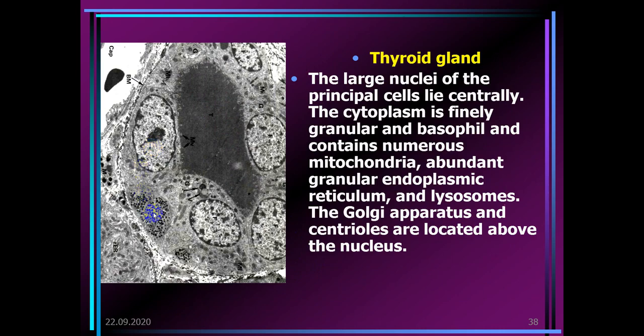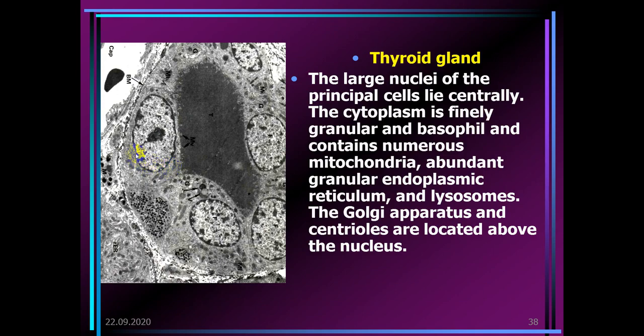Transmission electron micrograph shows us that the follicular cells, thyrocytes, have a large nucleus located in the center, and the cytoplasm contains numerous mitochondria, very well developed rough endoplasmic reticulum, and many lysosomes.